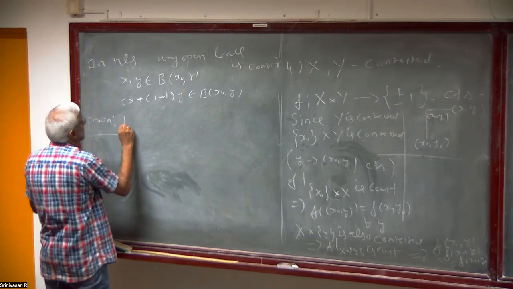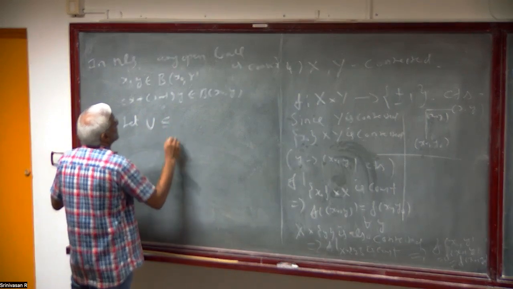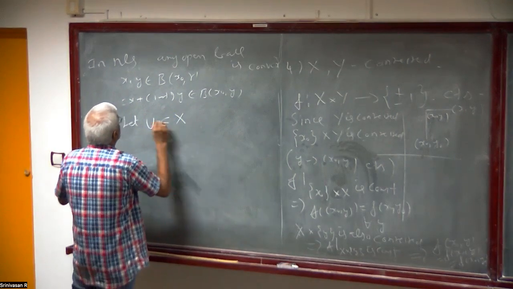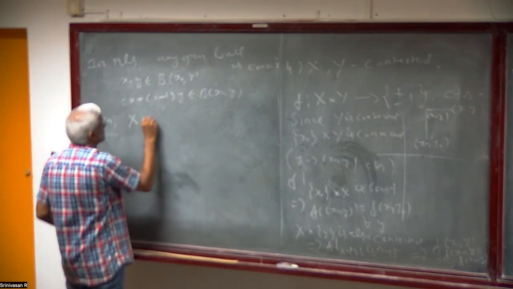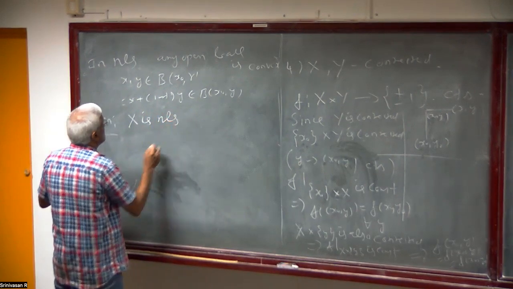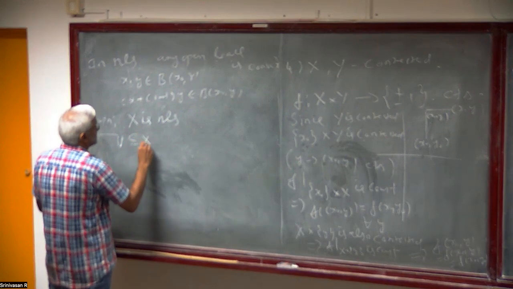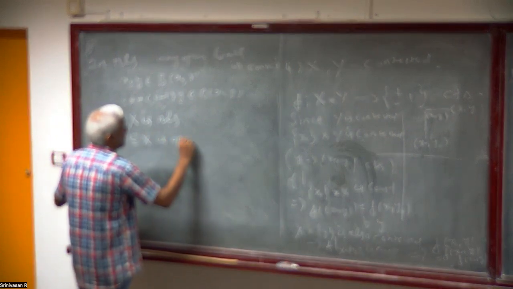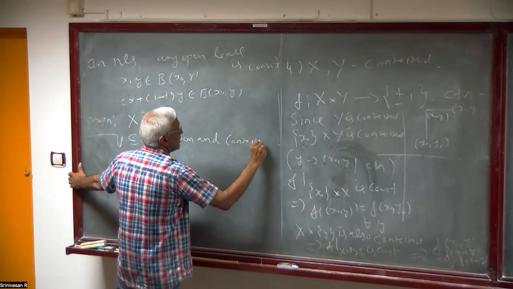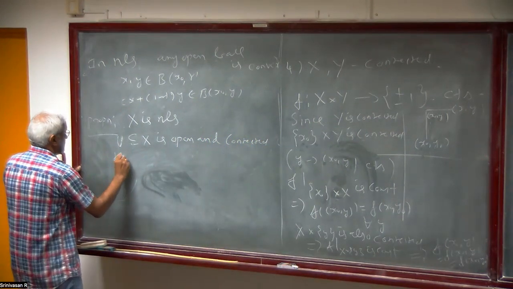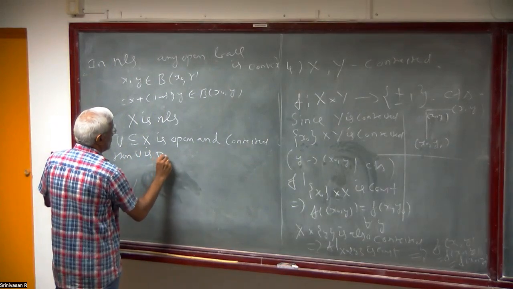So let U contained in X, where X is a normed linear space. Then if U is open and connected, then U is path connected.